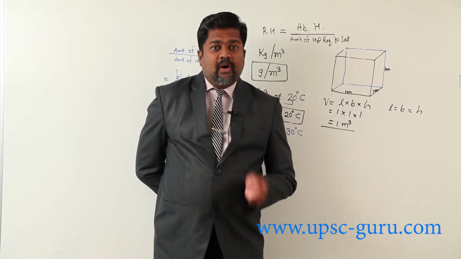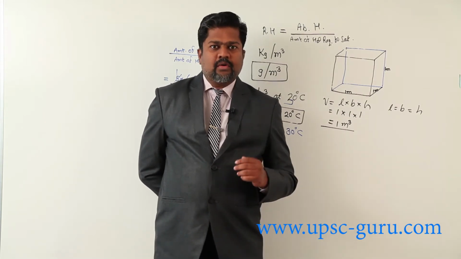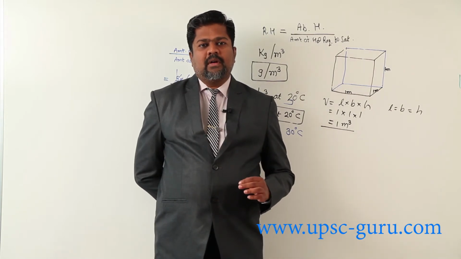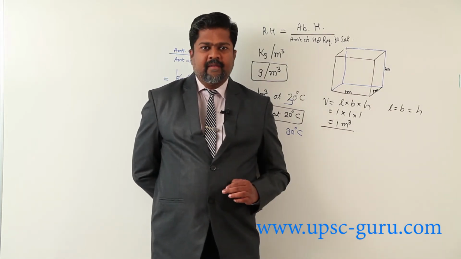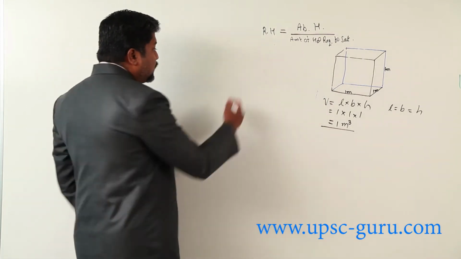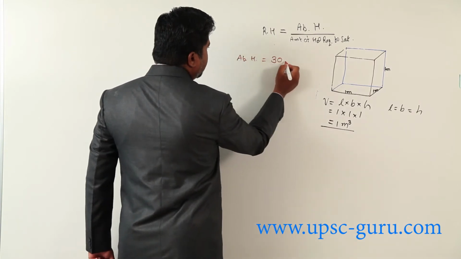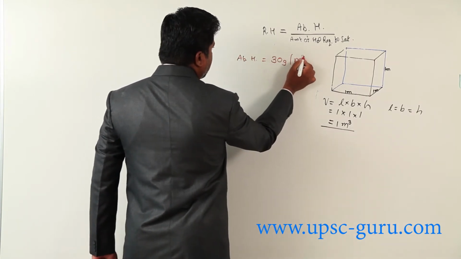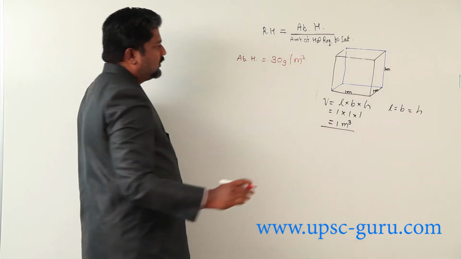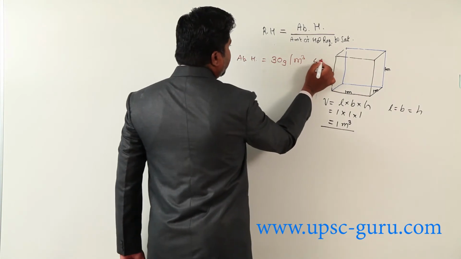Now what will happen exactly? Let us check. Suppose I have absolute humidity as 30 gram per meter cube at 40 degrees Celsius.